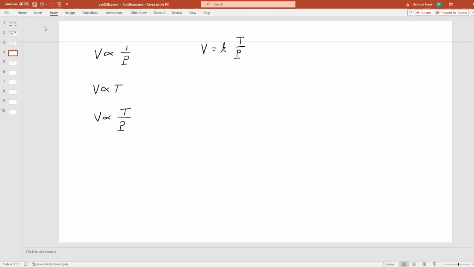That might have been a poor choice, as we'll see in just a moment. So let's maybe write it with capital C. And so we typically write this as V times our pressure is equal to our proportionality constant times our temperature.